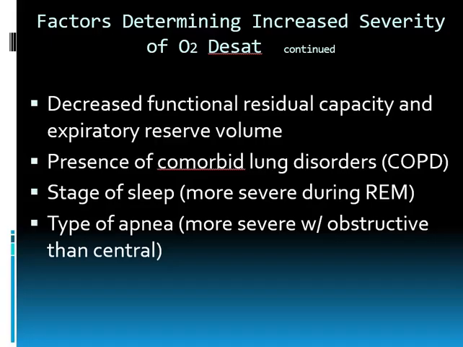But if somebody has less REM, you might not see those more severe desaturations during REM. Or do they have something that causes them to have more REM? Then you might see more severe desaturations. The type of event they have can also play a role in how severe we typically will see the desaturation. So more often than not, desaturations tend to be more severe with obstructive apneas than with central.